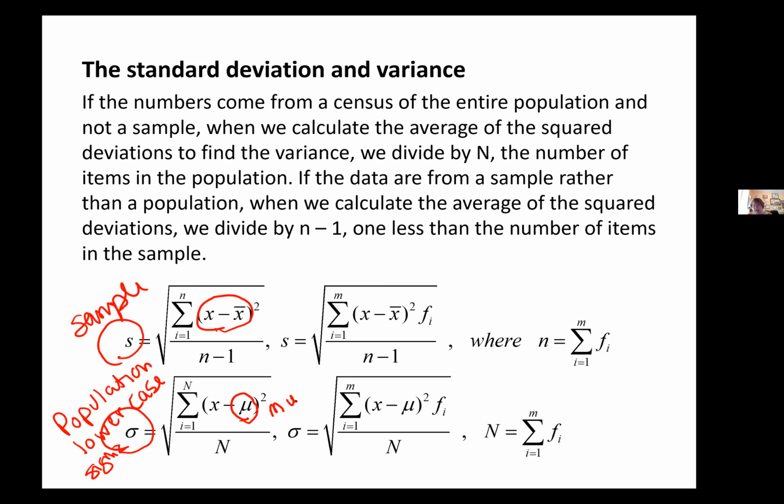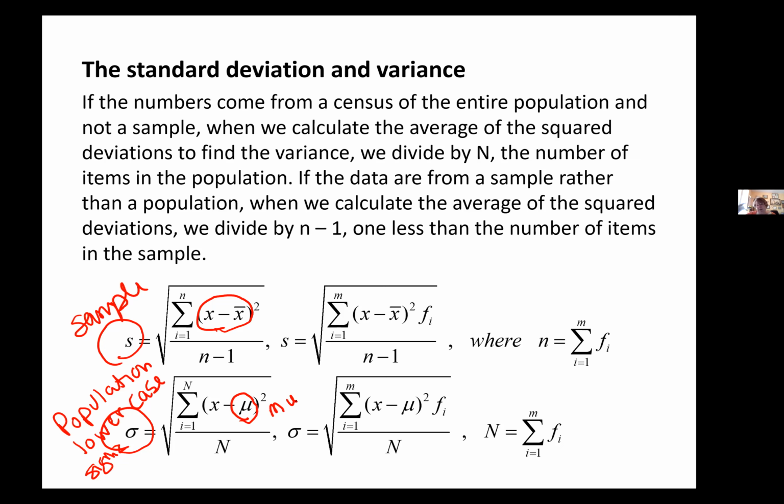So you take each of your data values and you subtract this mean, you sum them up, square them, sum them up, divide, in this case, by the number of data values you have. So capital N is the number in your population. And then you take the square root of it. So they are calculated differently.